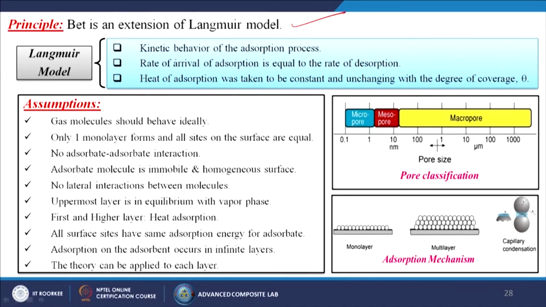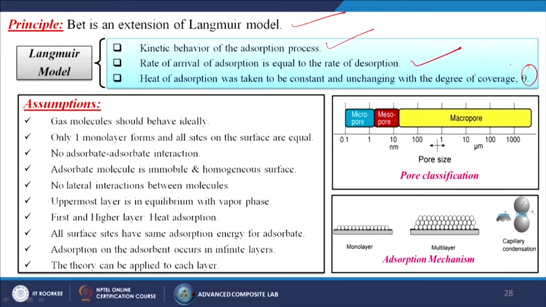What is the Langmuir model? It describes the kinetic behavior of the adsorption process. The rate of arrival of adsorbates is equal to the rate of desorption. Heat of adsorption was taken to be constant and unchanging with the degree of coverage theta. What are the assumptions?